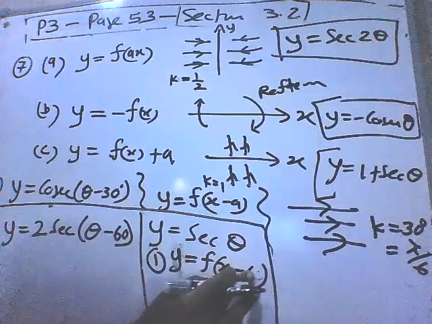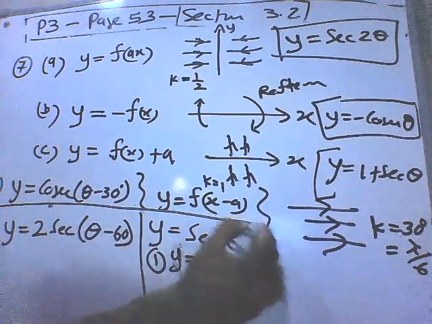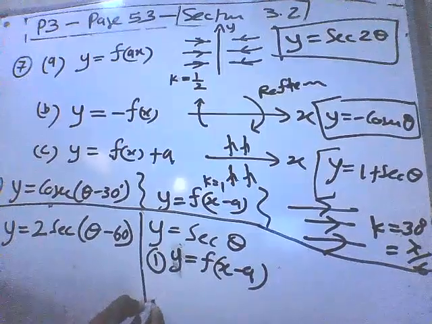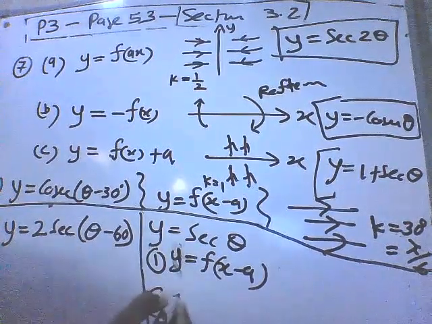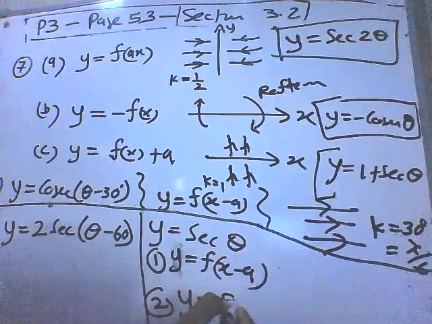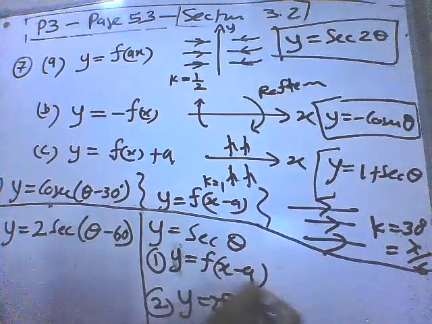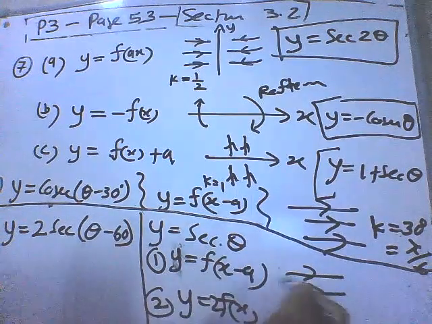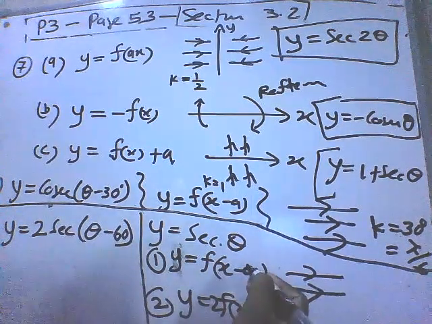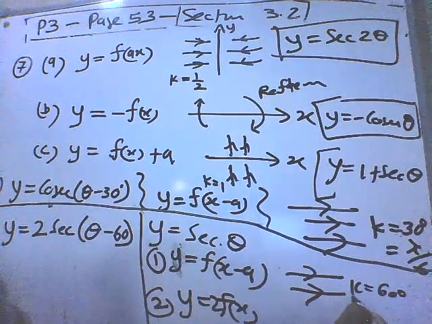And the second transformation happens after that, applied to y equals f(x). For the first, if it is minus, sec theta should get shifted by 60 degrees, k equal 60 or pi over 3.